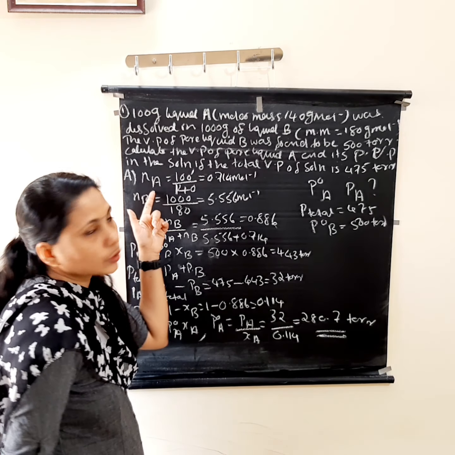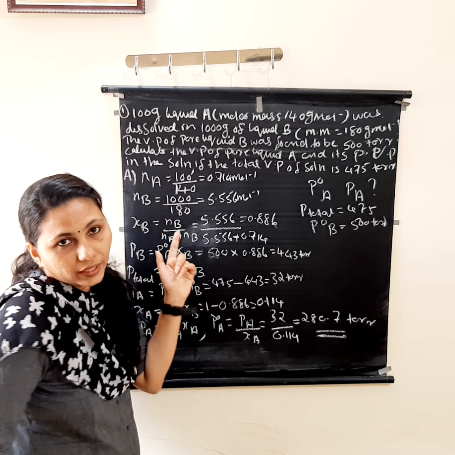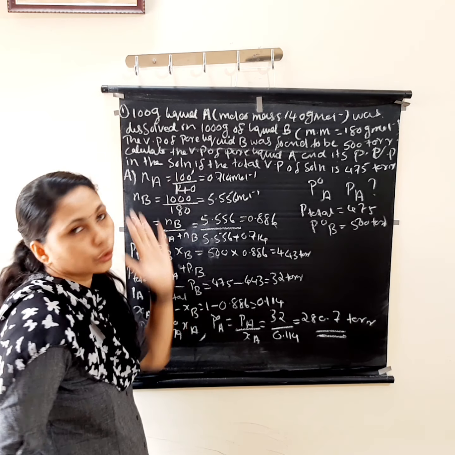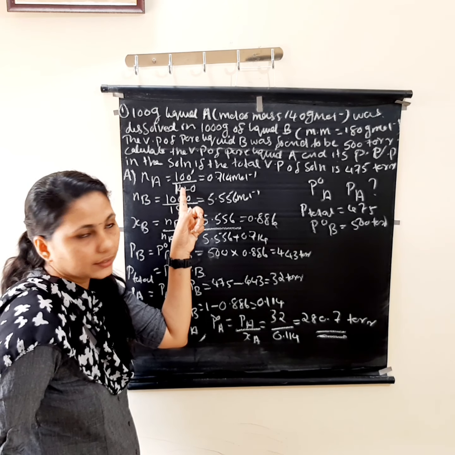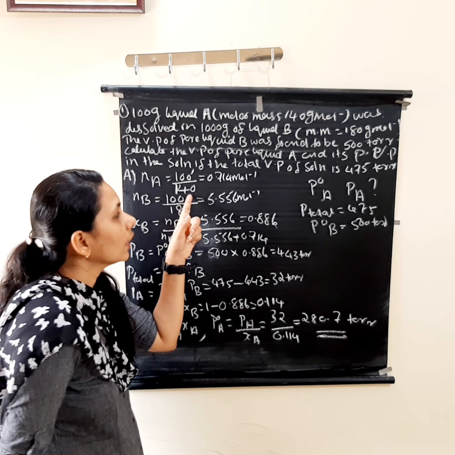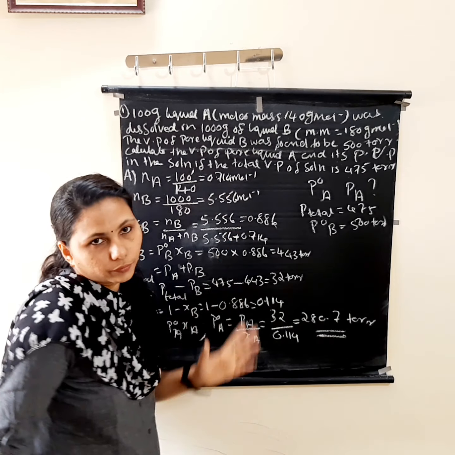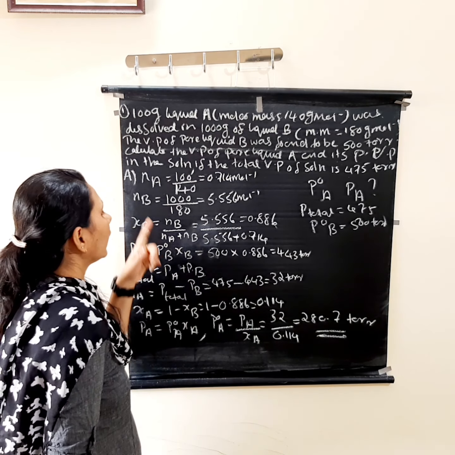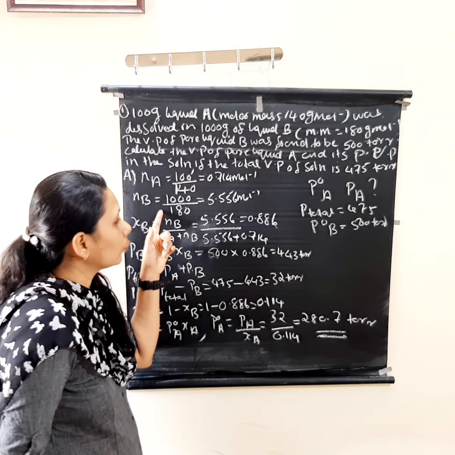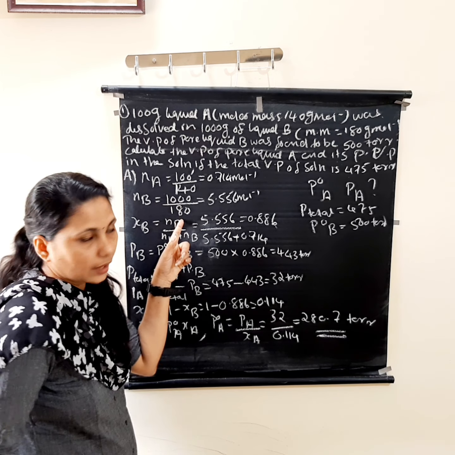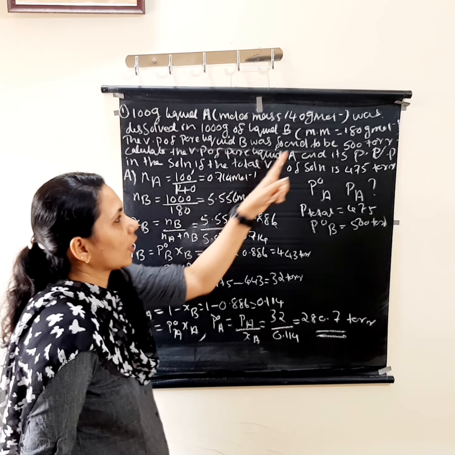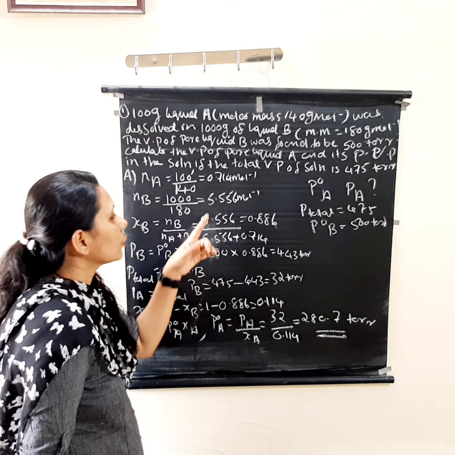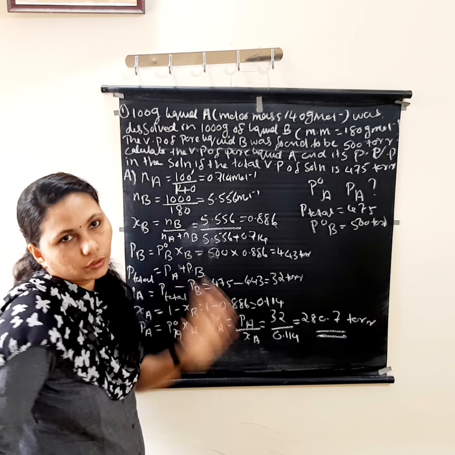First we will start with the number of moles calculation. Number of moles of A equal to mass of liquid A divided by its molecular mass. It is given in the problem that mass of liquid A is 100 and its molecular mass is 140, so we get 0.714 mole. Then number of moles of liquid B equal to mass of B divided by molecular mass, 1000 gram divided by 180, so 5.556 mole.